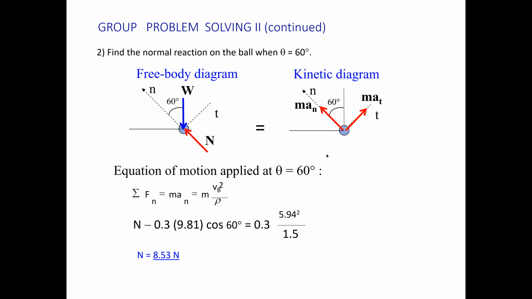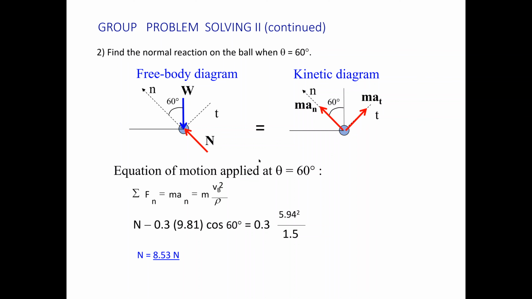The second part requires that you come up with a free body diagram and the kinetic diagram. And this is what you're going to have. So you have a normal force when you're at your angle of 60 degrees, and you have the weight acting in the other direction, right? So these are the forces acting on the ball. And then here is the kinetic diagram, which has a normal acceleration and a tangential acceleration.